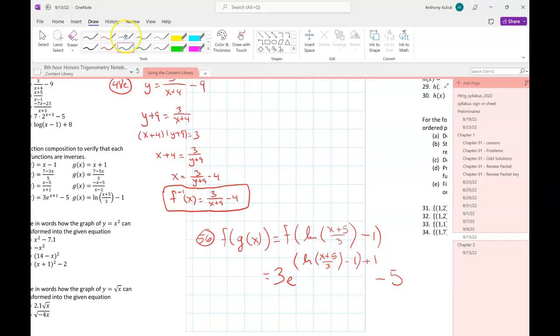All right, let's start simplifying. I'm going to start in the exponent. The first thing I notice in the exponent is that there's no reason for that extra set of parentheses that I wrote, since there's no multiplication or division going on in front of the parenthesis. So the +1 and -1 can cancel out.